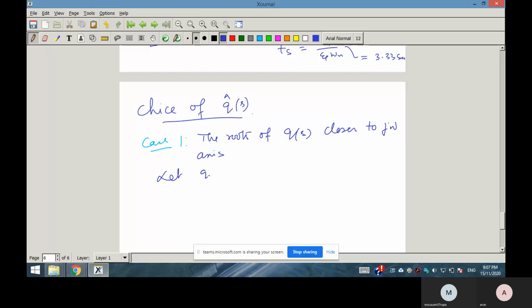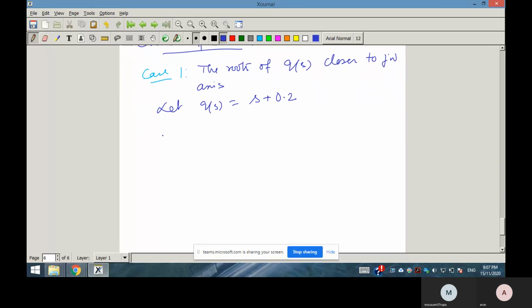Let QS I have chosen like this, S plus 0.2. So if you choose S plus 0.2, then what will happen? This will imply delta S is what?